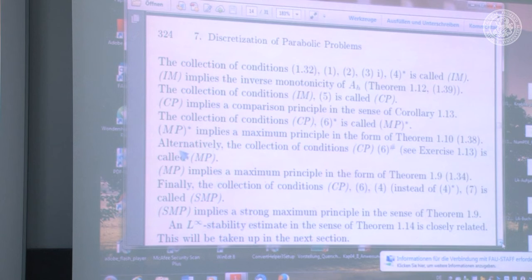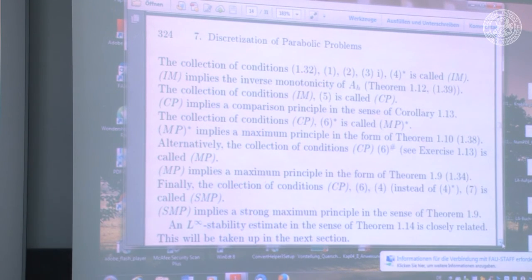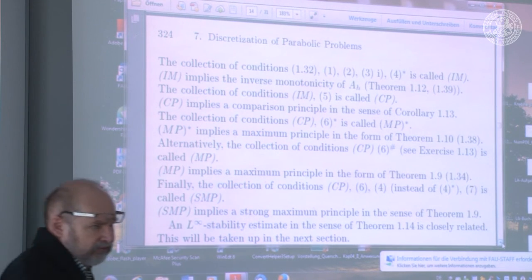And finally, we have also a strong maximum principle if, in addition, we have now the properties, and now we really need the irreducibility and this condition 6. So the program now is to write down this very, very big matrix in the right-hand side and investigate under which assumptions these conditions, which we now reminded, are fulfilled.